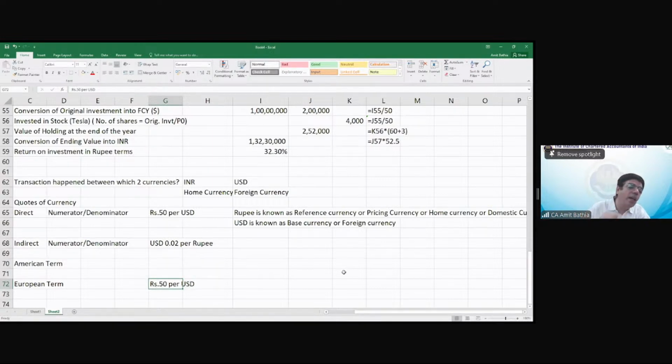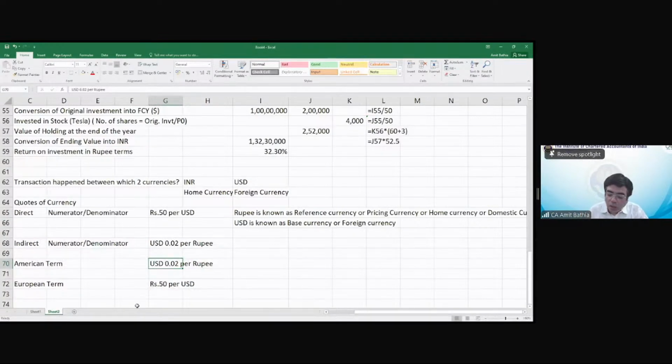The American term of expressing it is known as the indirect method because you're always mentioning the US dollar in the numerator in that case. Are you with me? Yes, sir.